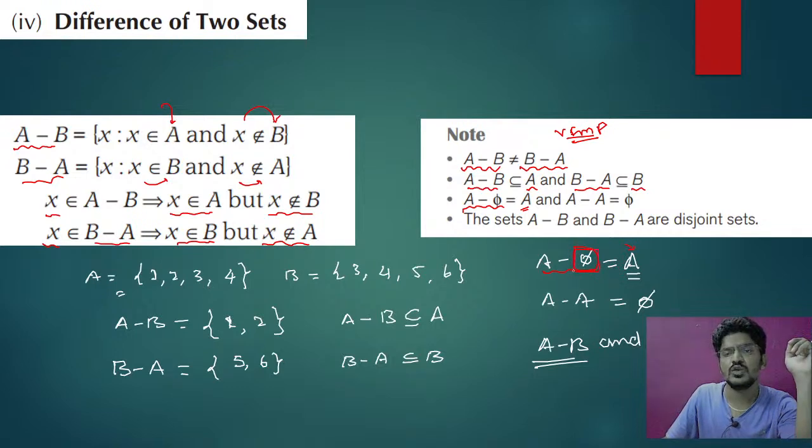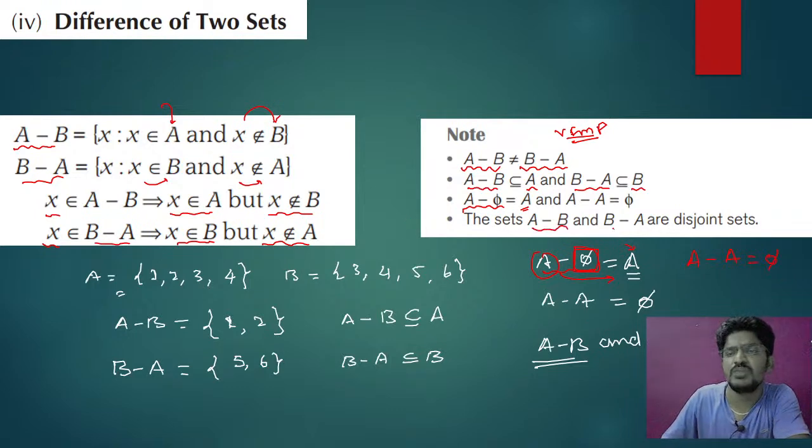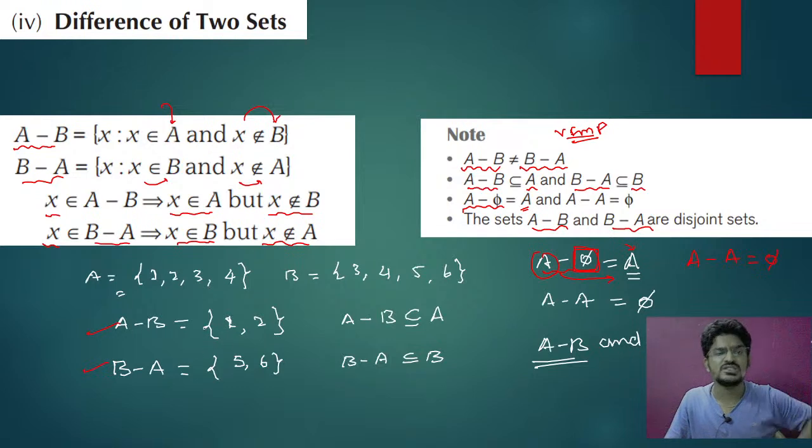That's why I have to write all the elements of A. Next, if I delete all the elements of A from A, it is going to be equal to empty set. Clear? And the last one is A minus B and B minus A are not going to have any common elements. You can just see here. A minus B and B minus A both are disjoint because they are not having any common elements.